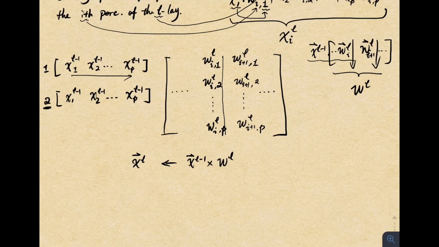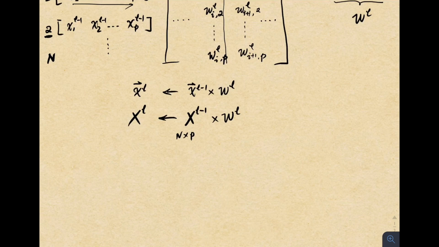If we have multiple rows, like n rows, now you can have an X matrix, which is M by P of L minus 1, multiplied by this W matrix L. This gives the output, the result of the neural network at the lth layer.